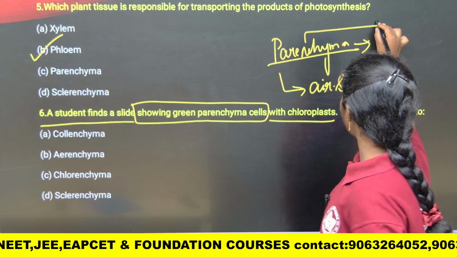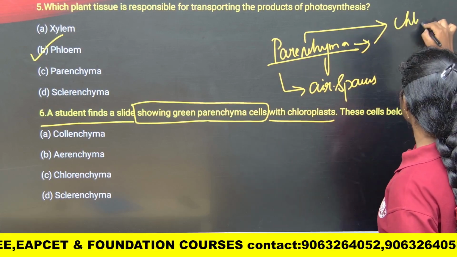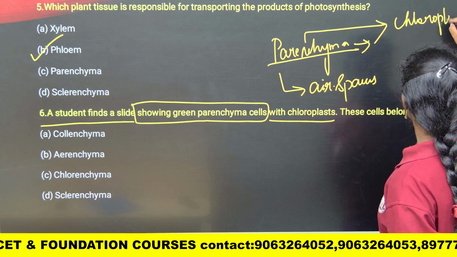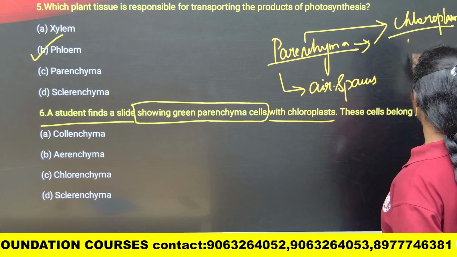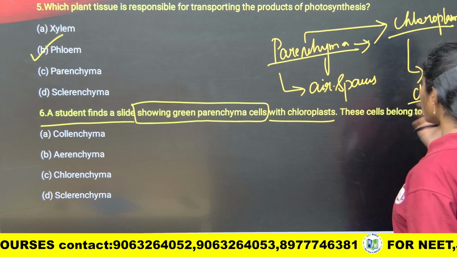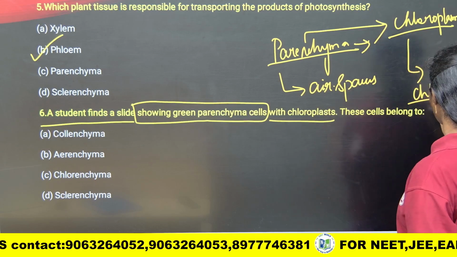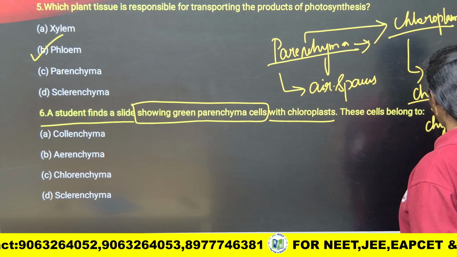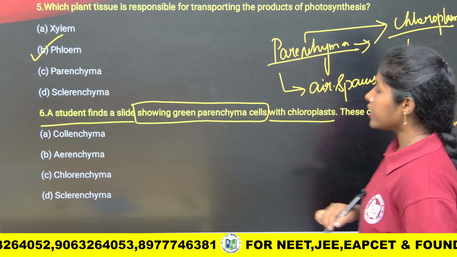and if the parenchyma has chloroplast, it is also known as mesophyll tissue. With that we also call it chlorenchyma. Because chloro means chloroplast is present in the parenchyma, that is why we call it chlorenchyma. Right? Here the chlorenchyma.